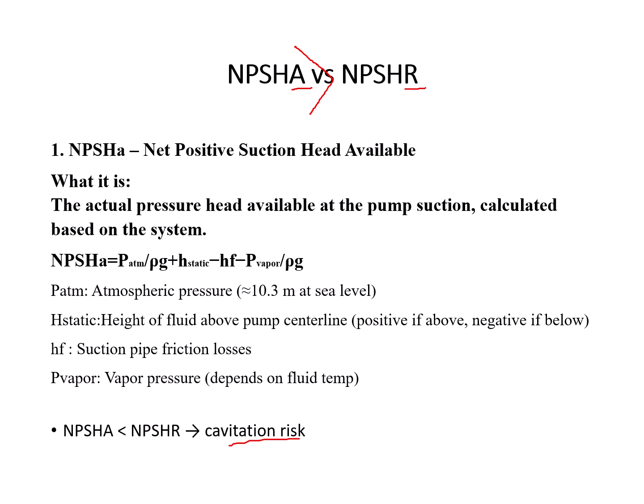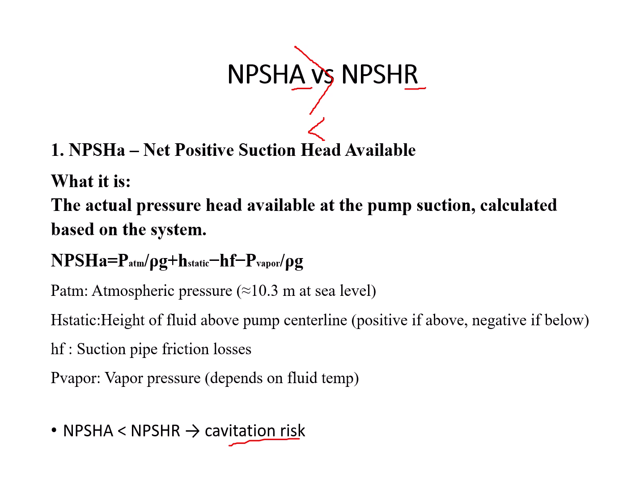If they are equal, then you are at great risk of cavitation. And if net positive suction head available is less than net positive suction head required, for sure there will be cavitation, damage, and noise.